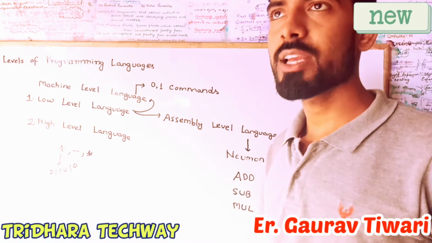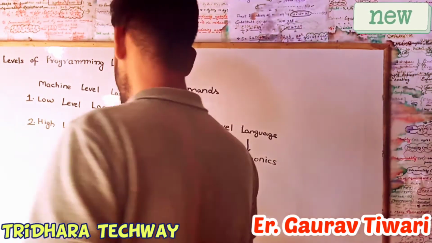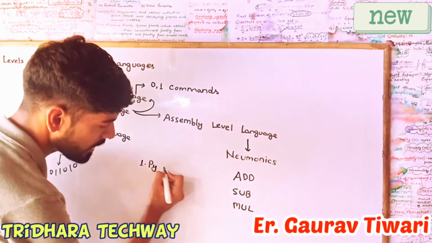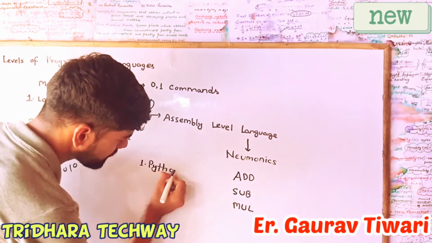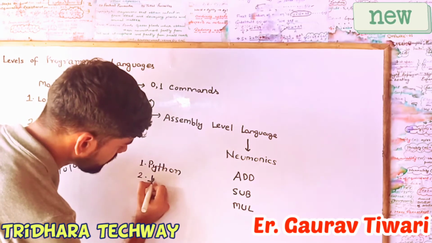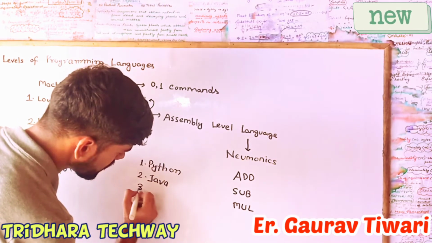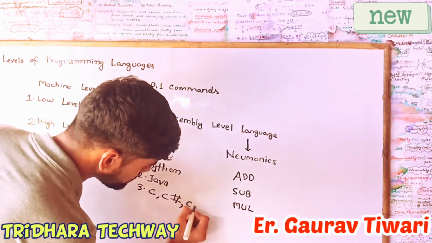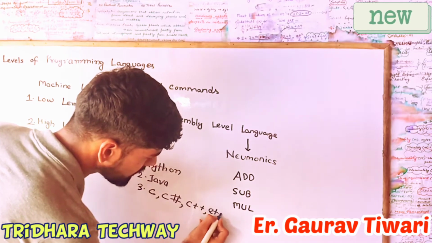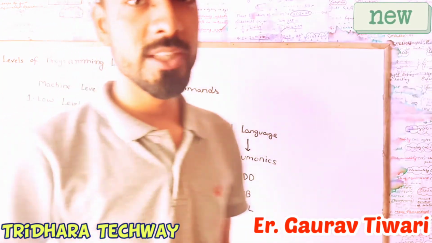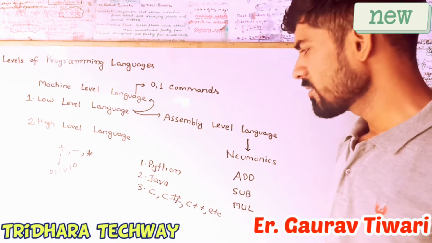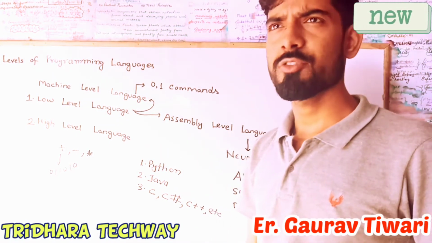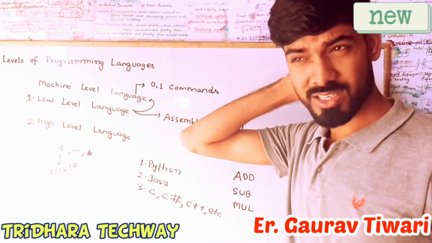There are some examples of high level languages as you can see on the board. One mostly used nowadays is Python, then Java, then C sharp, and C++. There are a lot of high level languages and they have their specific use. Python is used in artificial intelligence, robotics, and different fields for developing games and software.